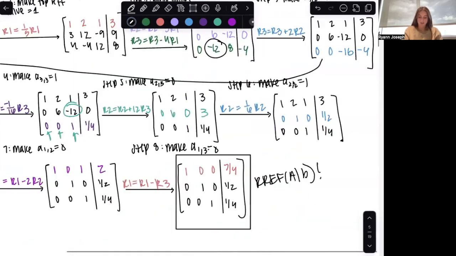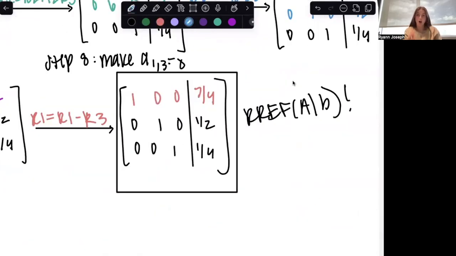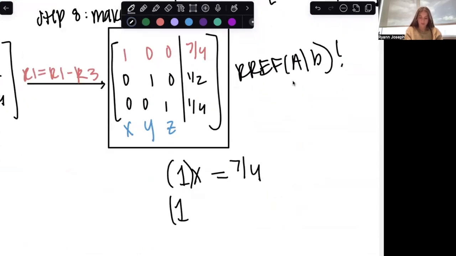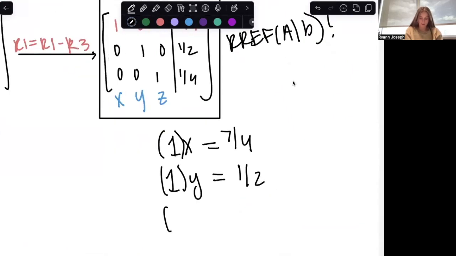Remember, each column is a variable: x, y, z. This tells us that 1 times x is equal to 7/4, 1 times y is equal to 1/2, and 1 times z is equal to 1/4.